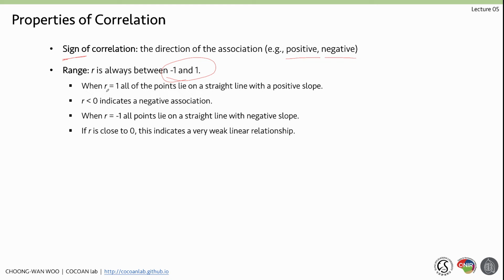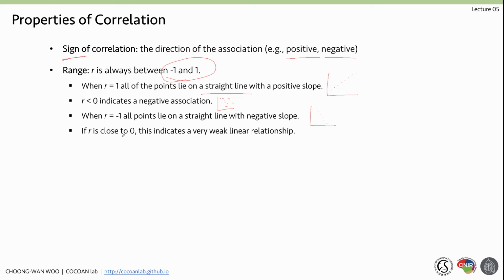When r equals 1, all of the points lie on a perfectly straight line with a positive slope, like this. And if r is negative, that indicates a negative association, in this direction. When r equals -1, all points lie on a straight line with a negative slope, like that.